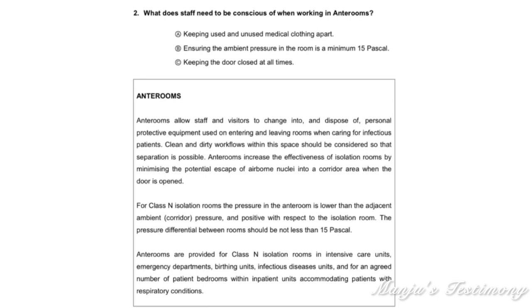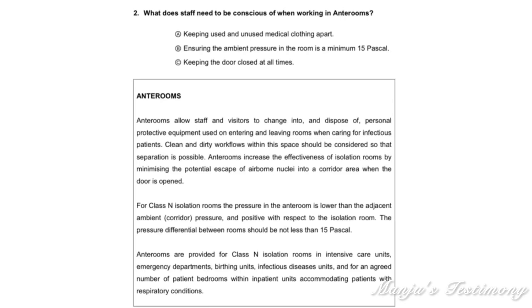When they come back, the linen and the mask and whatever PPE they have used already become unsterile or dirty, and they remove them in the waste bin there, right? So these all things happen inside the same anteroom. So that means there are clean and dirty workflows happening in the room.